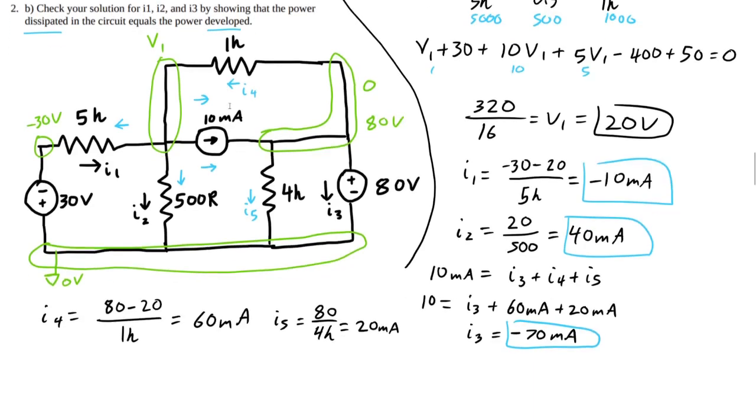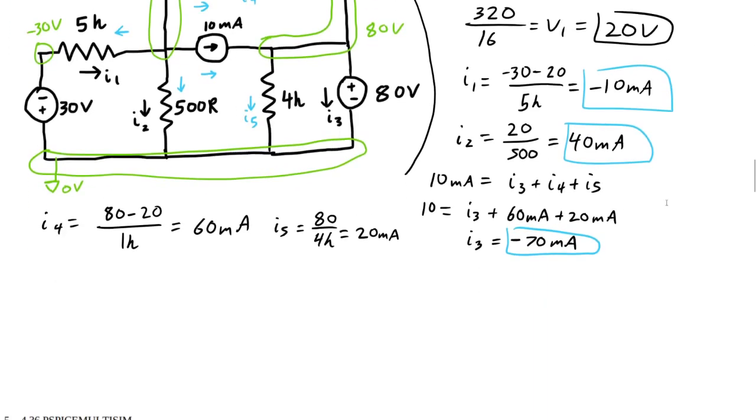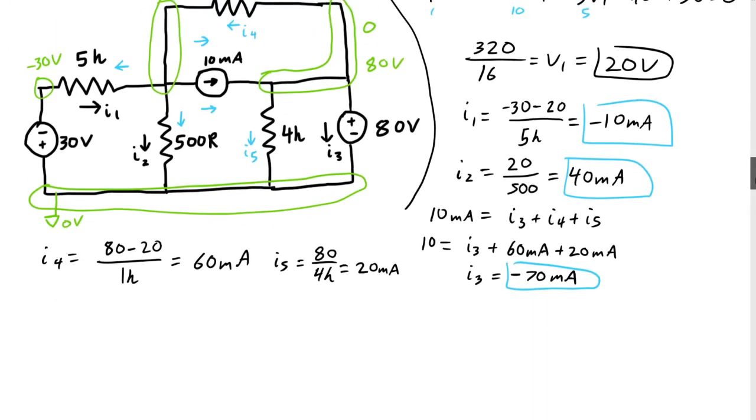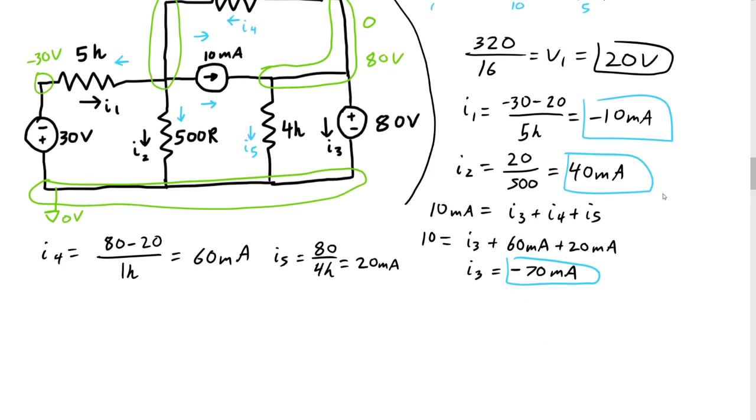So I'm going to scroll down just a little bit, and that should be fine. Okay, so the other thing we're going to need to know to solve for the power, we need to know the voltage difference across this source. So let's call that V2.